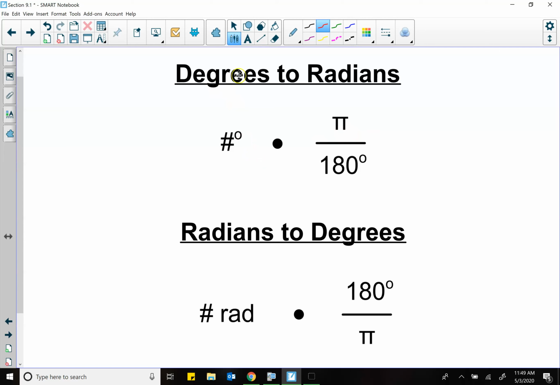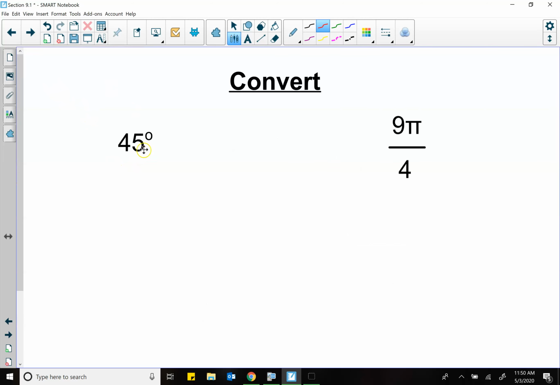When you want to convert from degrees to radians, take your degrees and multiply by pi over 180. When you want to convert radians to degrees, take your radian measure and multiply by 180 degrees over pi. So that's what we're going to do next. We're going to be converting from degrees to radians and radians to degrees.